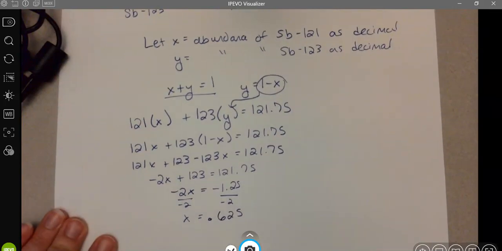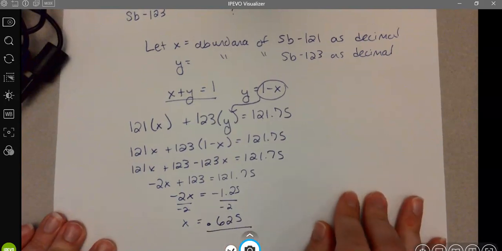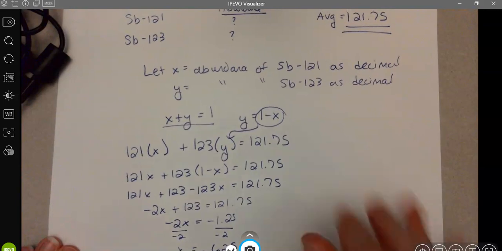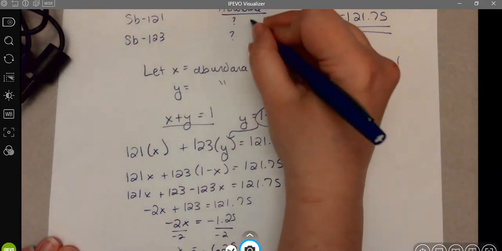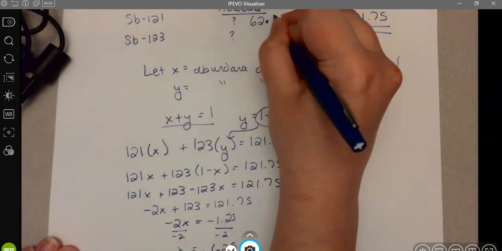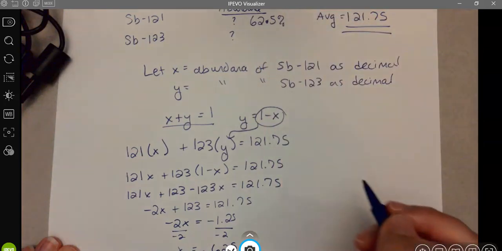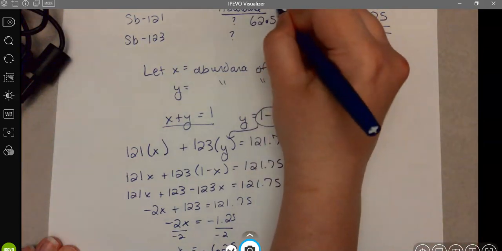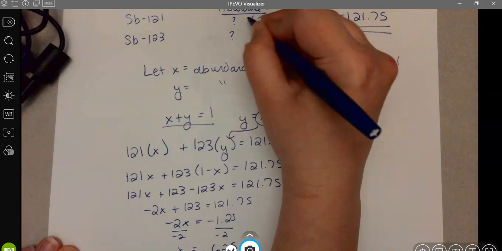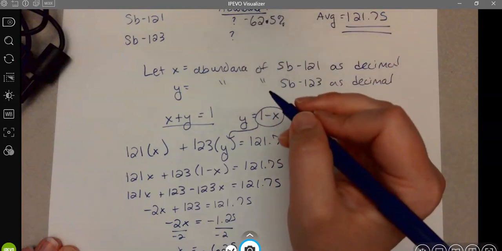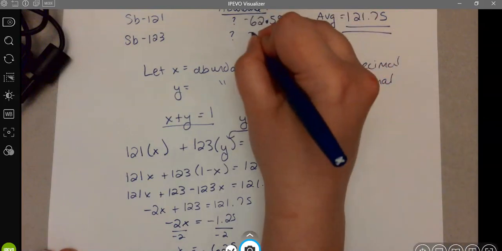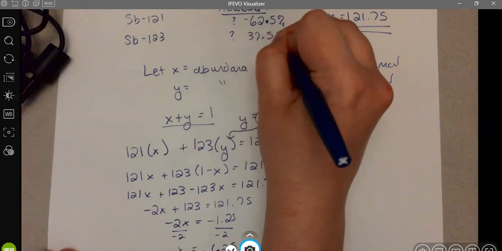Okay? So 0.625, what that means is that the percentage abundance of 121 is 62.5%. 100 minus that gives me 37.5% for the other isotope.